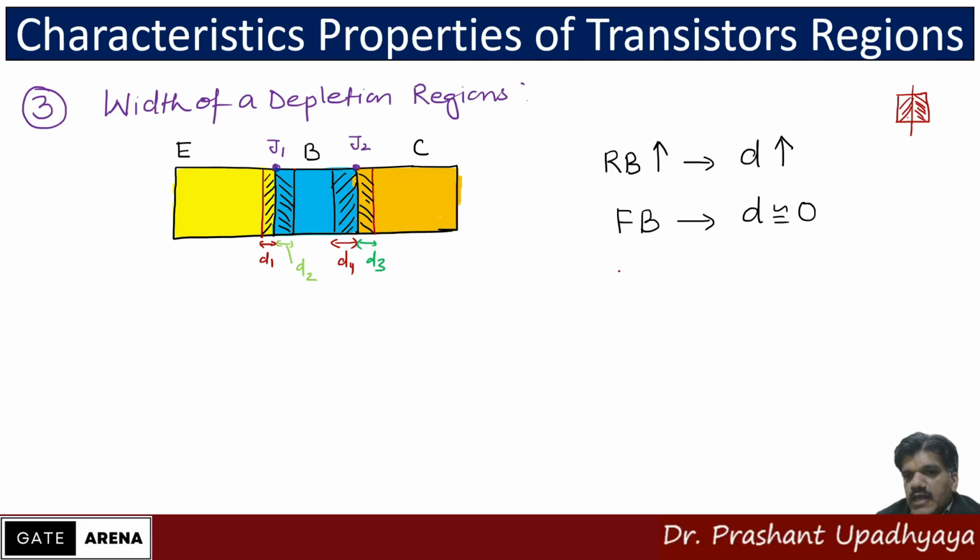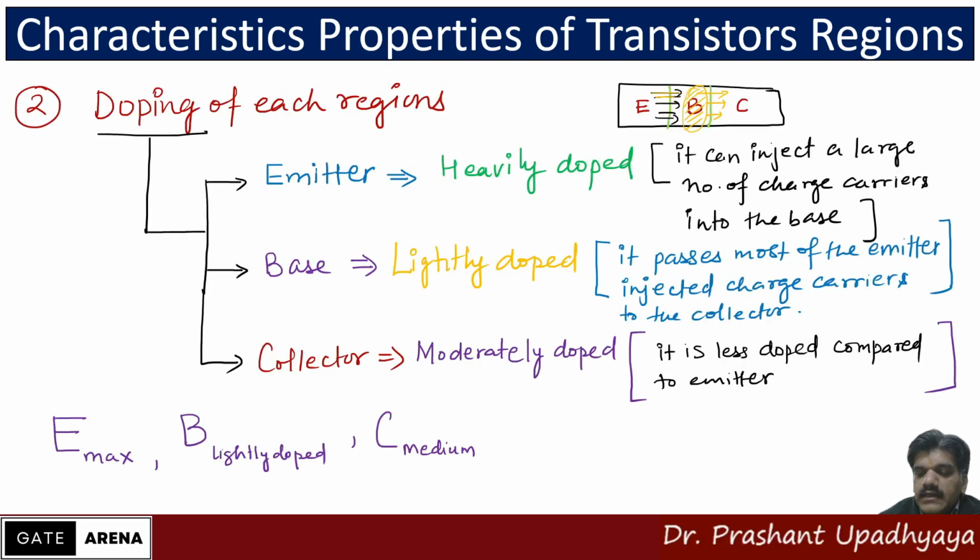And one property which we have also seen is that when we are increasing the amount of doping, the depletion layer is going to decrease. Based on this, we have seen that the emitter is heavily doped, the base is lightly doped, and the collector is moderately doped.